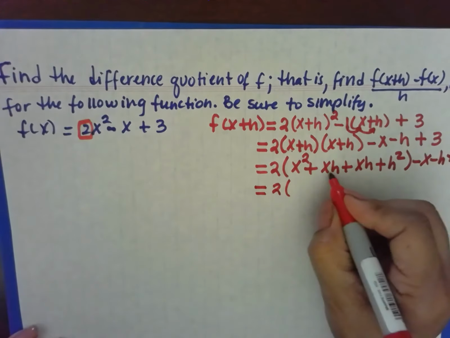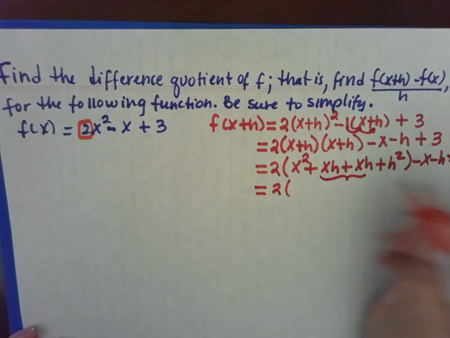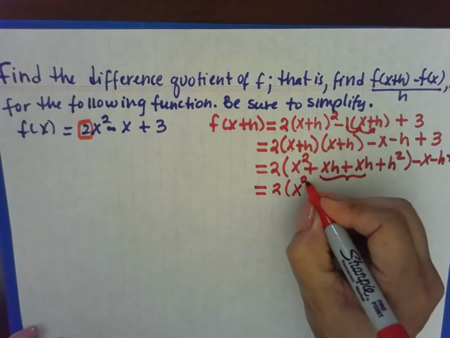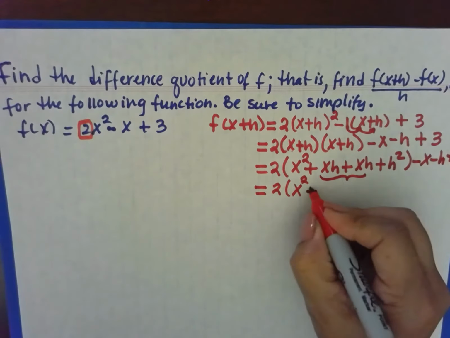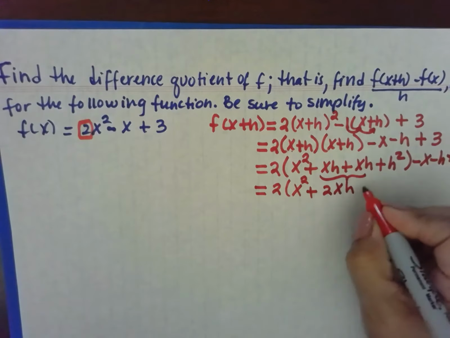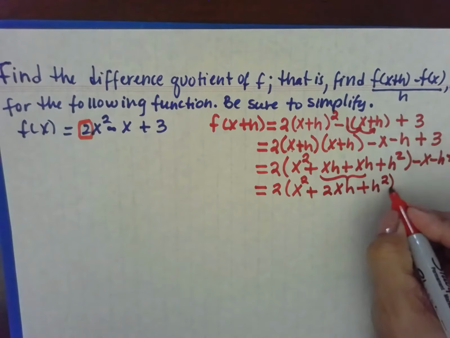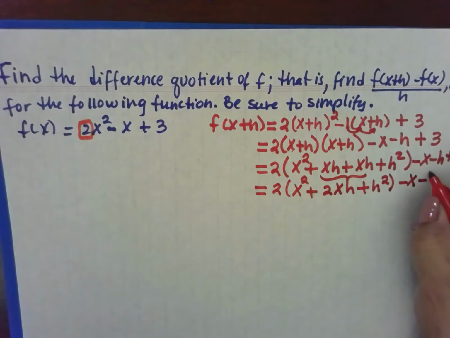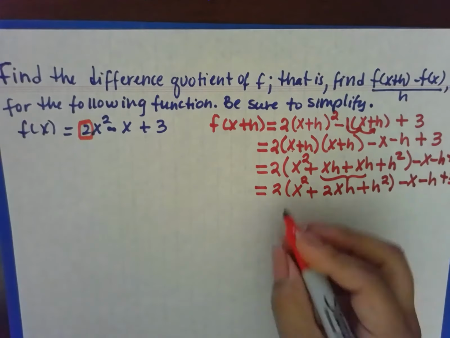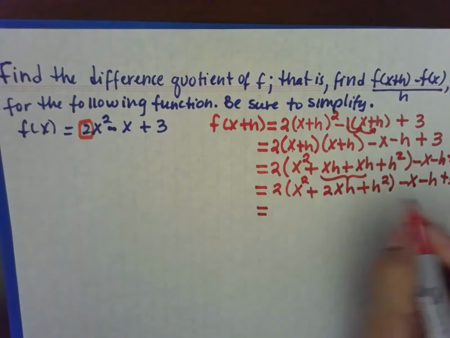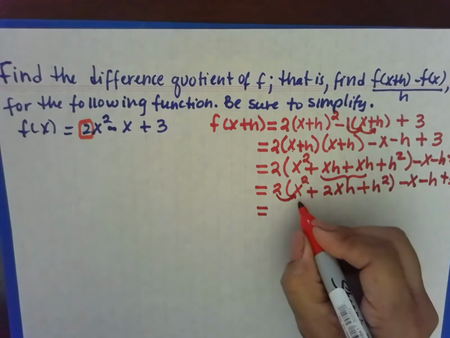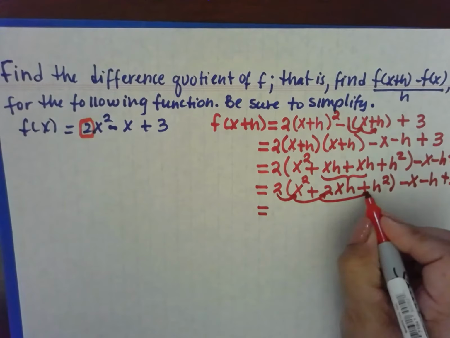Now I recommend that you simplify, collect like terms. So x squared plus 2xh plus h squared minus x minus h plus 3. After you simplify the trinomial, then you multiply or use the distributive property.